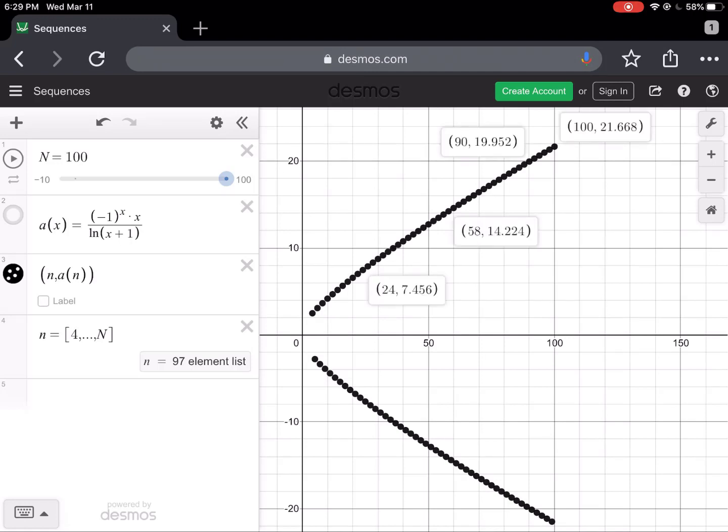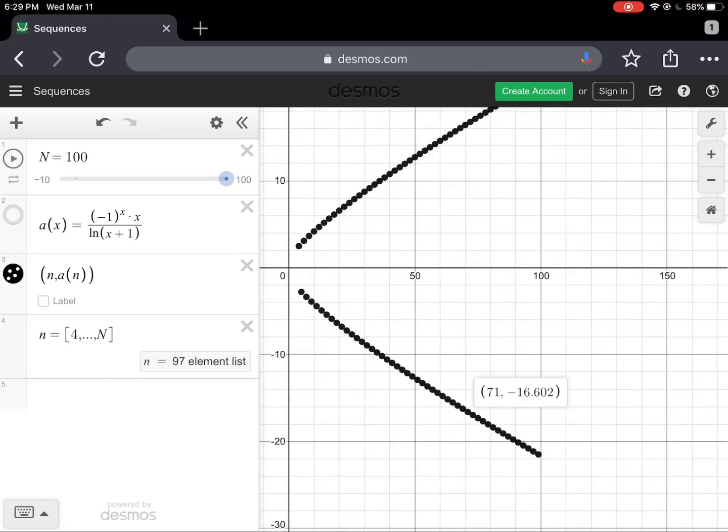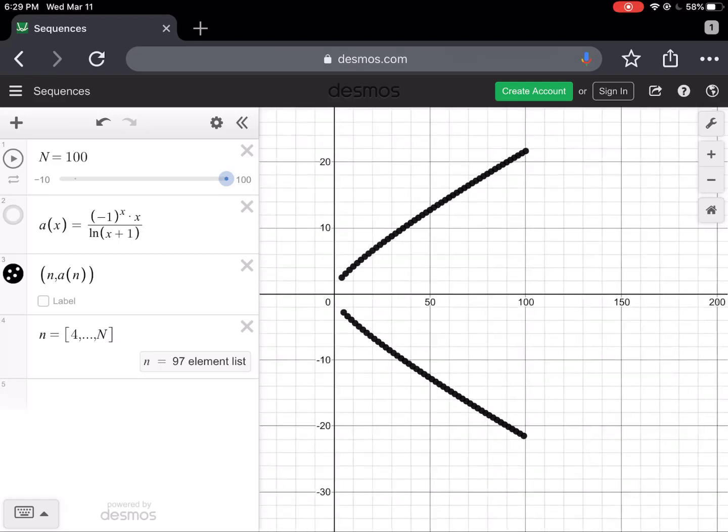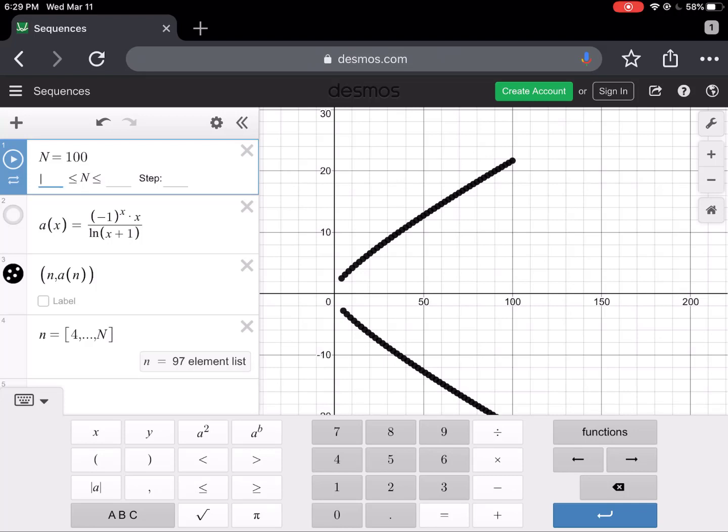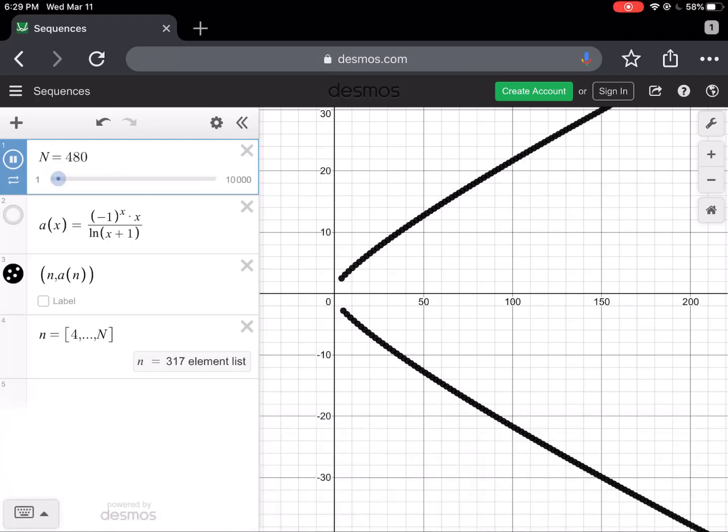And it's getting larger and larger. And then all of the odds, those are all a bunch of odd numbers, they're negative and they're going farther and farther away. I just have the first 100, but if you wanted to, you could play with this and say we're going to go all the way up to 1,000 or 10,000 or something like this. And you could really have a lot of fun with this.